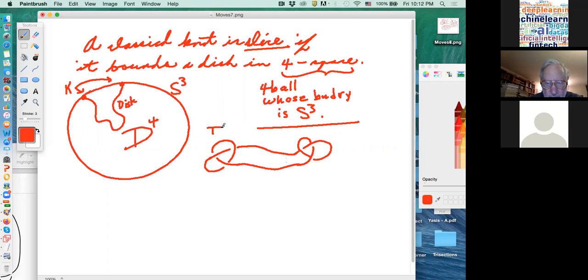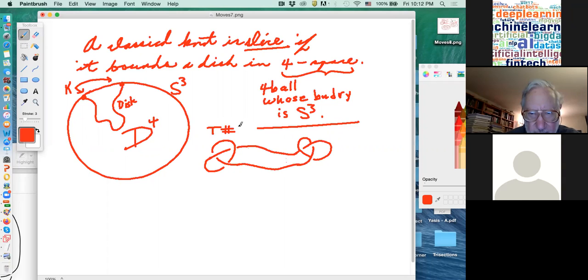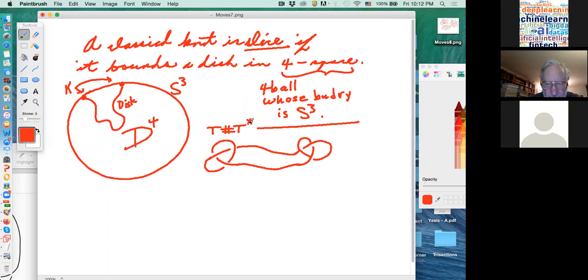So this is trefoil connected sum mirror image trefoil. And now I want you to note something about the orientation here. You see that, right? But this goes up and this goes down, so that's a candidate for going through a saddle point.